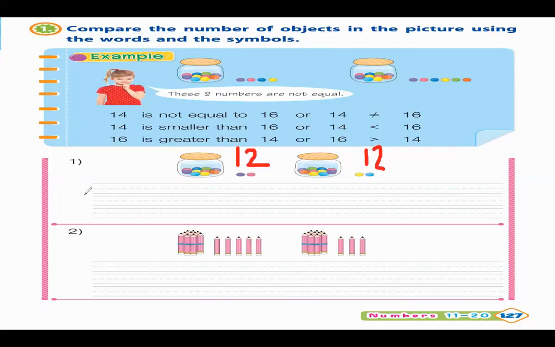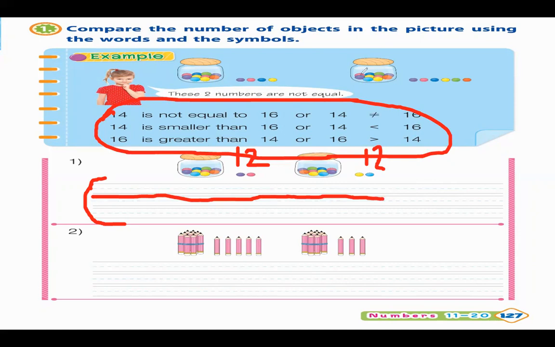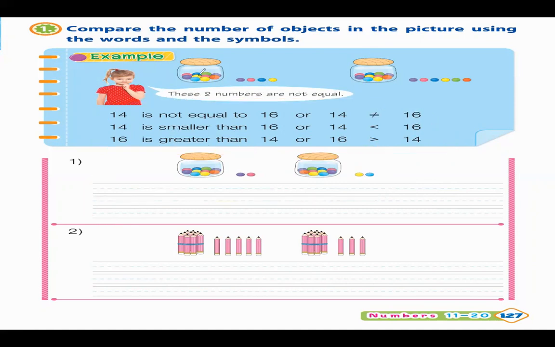Then this time you have to fill in this space like this. Then you have to write everything here. Let's say 12 and 12.